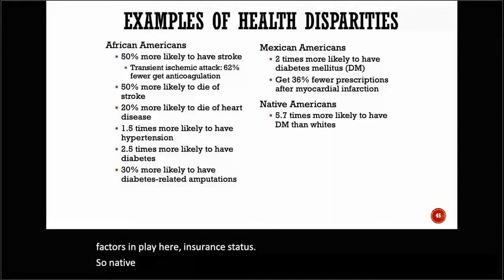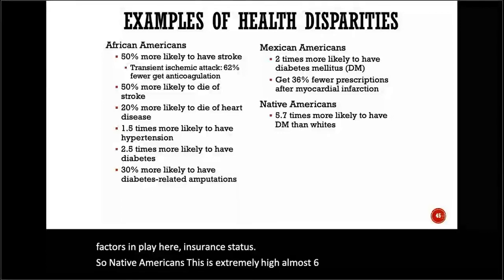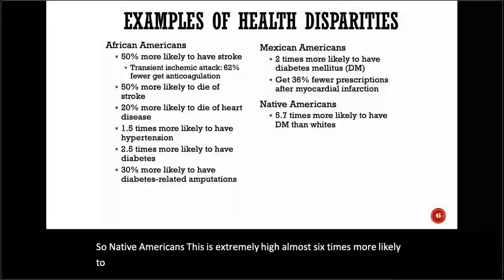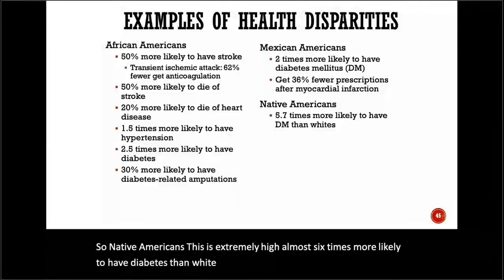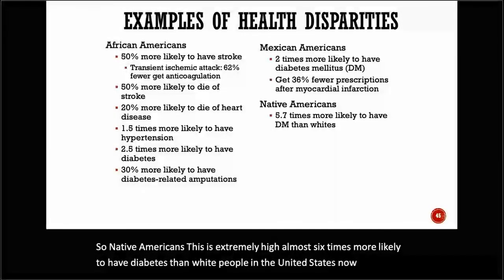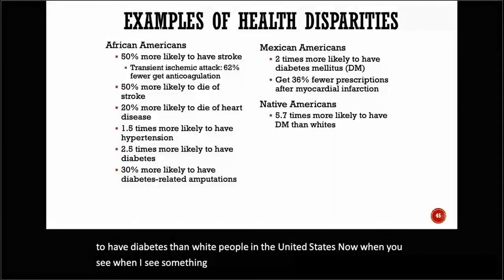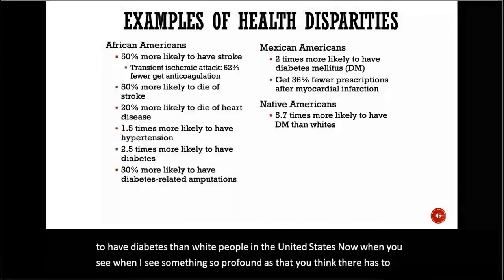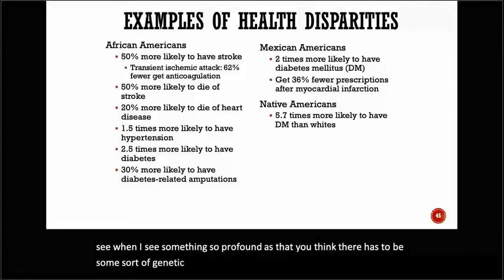So, Native Americans. This is extremely high. Almost 6 times more likely to have diabetes than white people in the United States. And when I see something so profound as that, you think, well, there has to be some sort of genetic component in addition to major social components in our country.